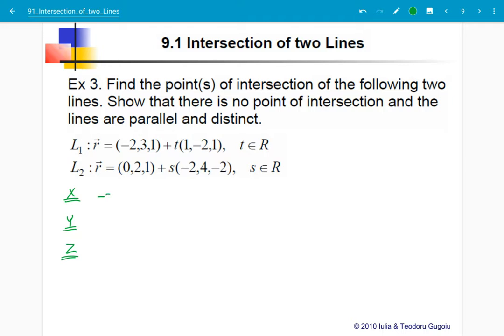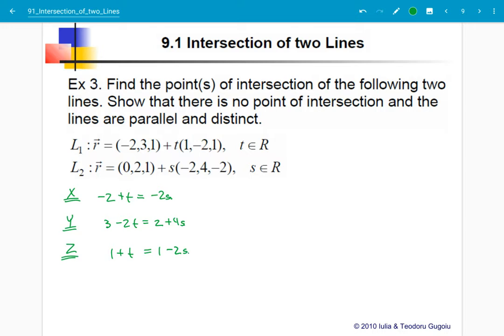So I have -2 plus t is equal to -2s. I have 3 minus 2t is equal to 2 plus 4s. I have 1 plus t is equal to 1 minus 2s.